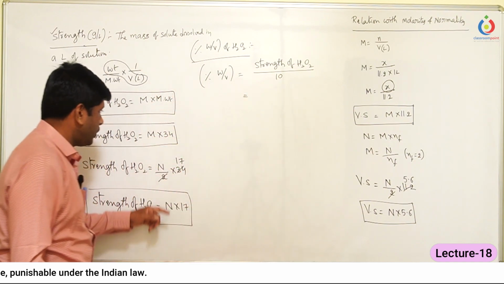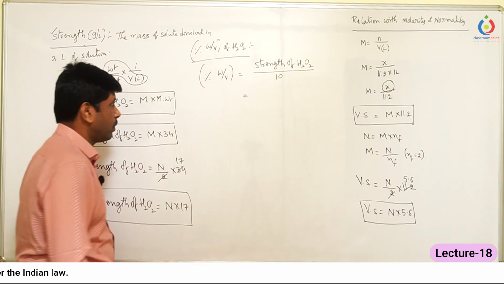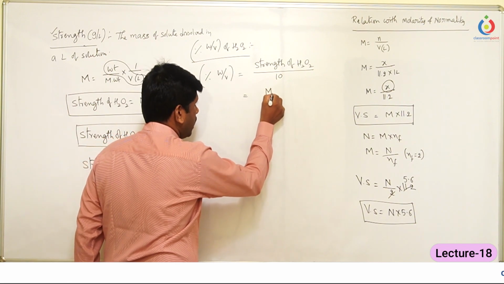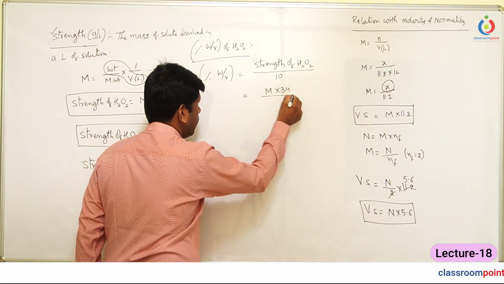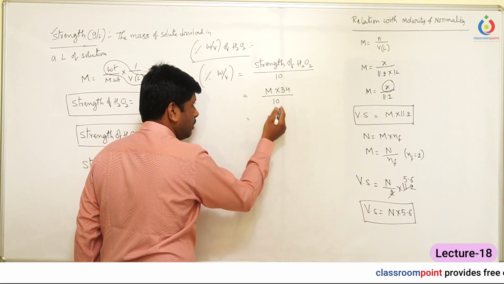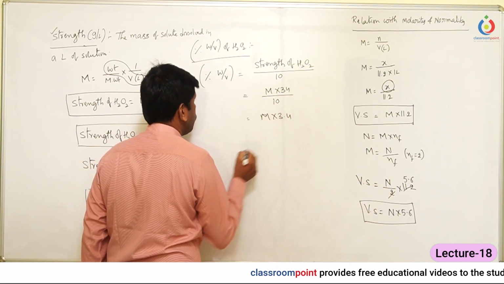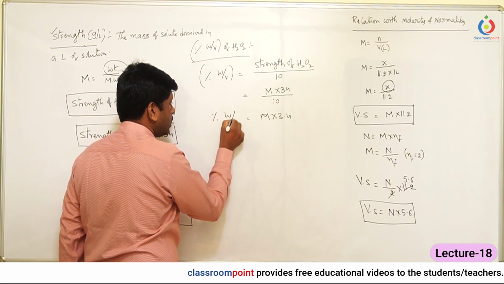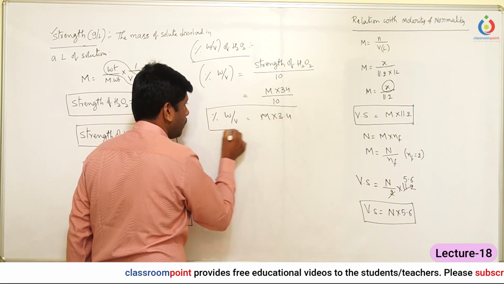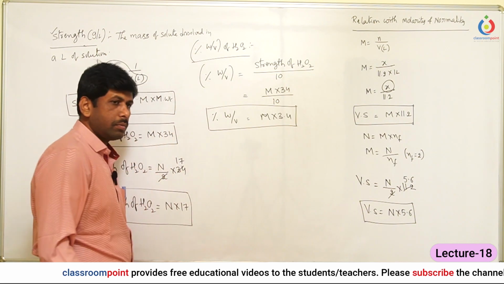What is the strength of H2O2? Molarity into 34. So that we can write down that molarity into 34 divided by 10, or else simply you can write down molarity into 3.4. That is percentage weight by volume of H2O2.